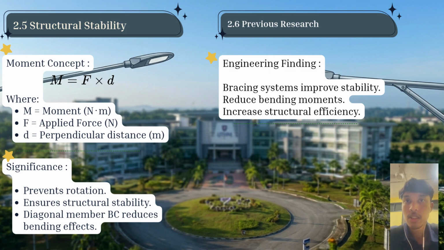In our case study, the two downward loads create moments about the support. The diagonal member BC helps resist these effects by transferring part of the load through axial force. As a result, the structure becomes more stable and experiences reduced bending effects.